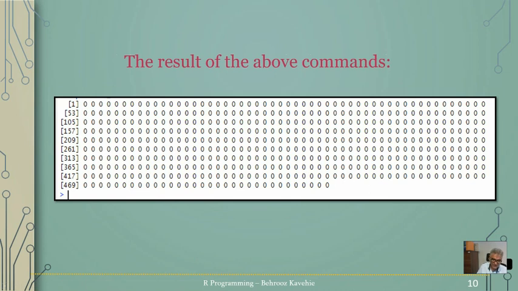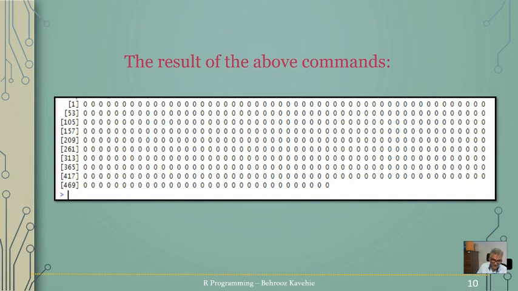This is the result of the command. It has started from row 1 and ended with 52, continued to 53 and ended with 500. It has created an array with the name population data, which contains 500 zeros.